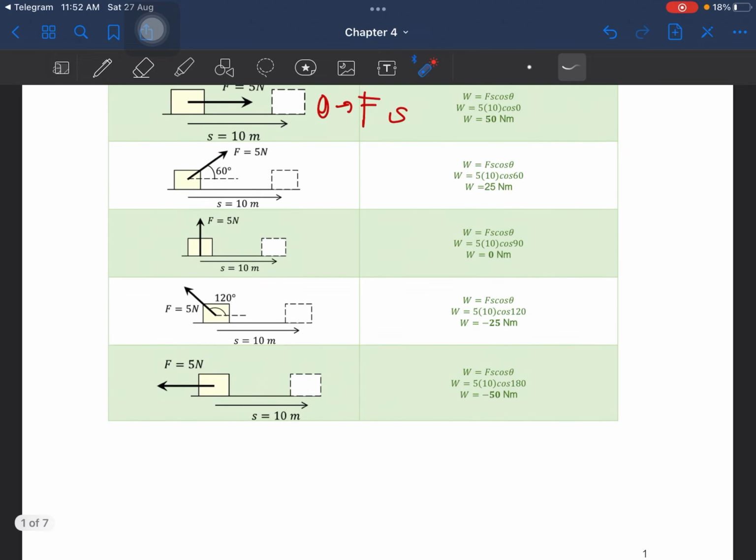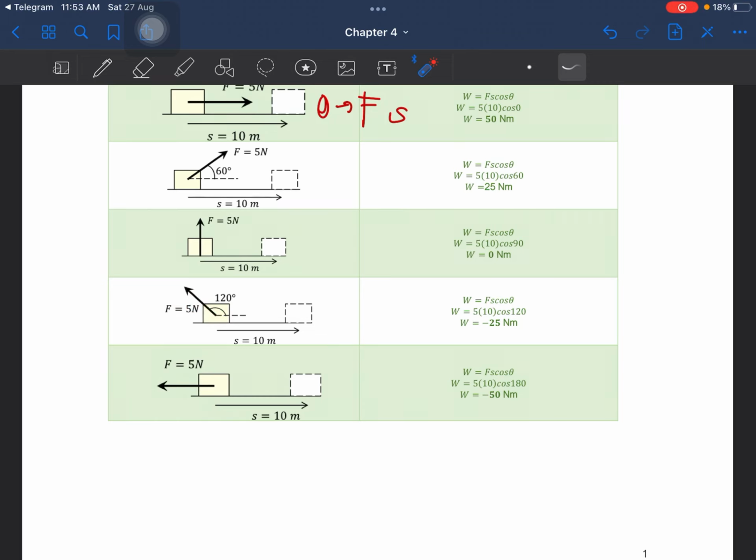Then when the force is perpendicular to the displacement, theta is 90 degrees. When that happens, there is no work done, because work will be present only if the force follows the direction of displacement or is at an angle to it. Next, we look at where the force is pointing to the left.